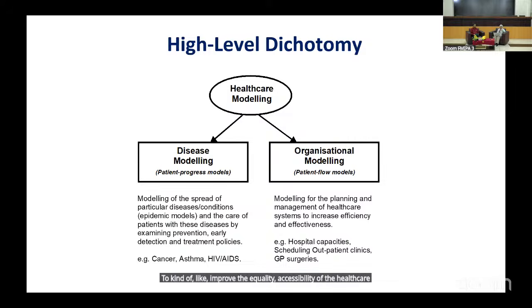As we know, in many countries, including Indonesia, access to healthcare, access to diagnostic facilities, is sometimes not equal. Some healthcare facilities will have a certain diagnostic tool, but some don't. So with our limited funding, we only have a certain amount of money to provide a certain facility for testing. If we want to buy that machine, where should we put it? Something like this we study in organizational modeling.